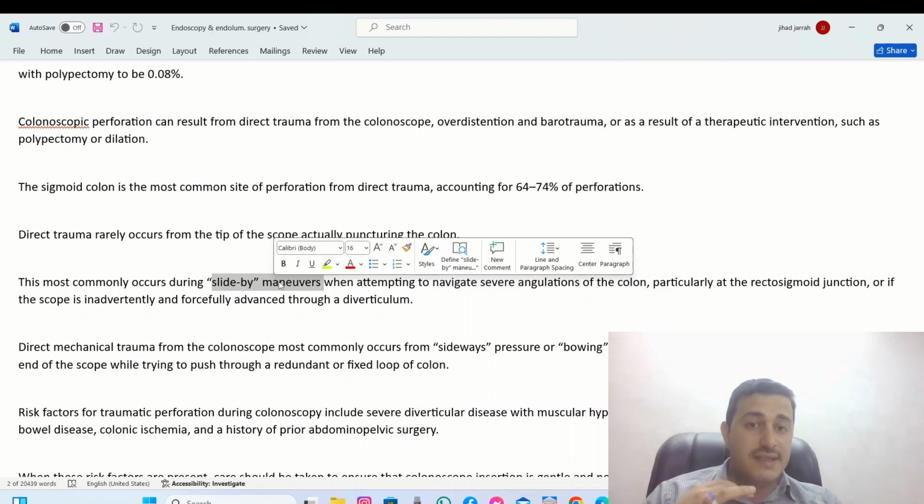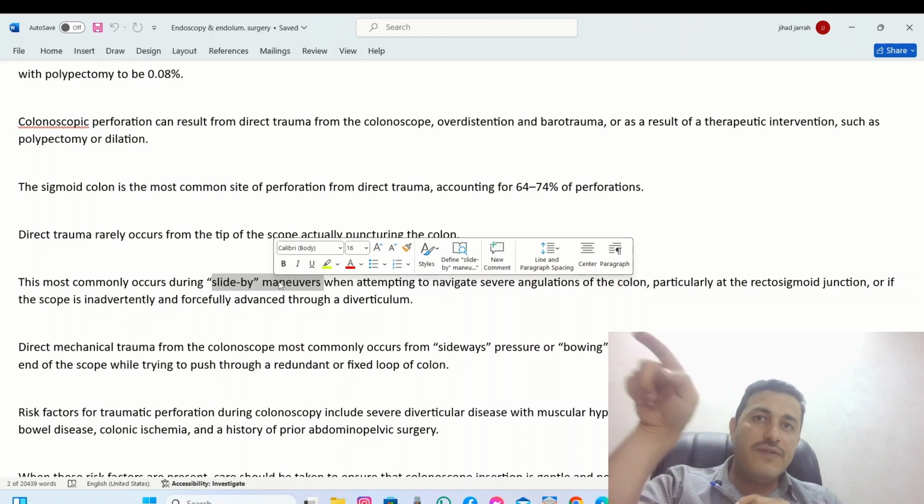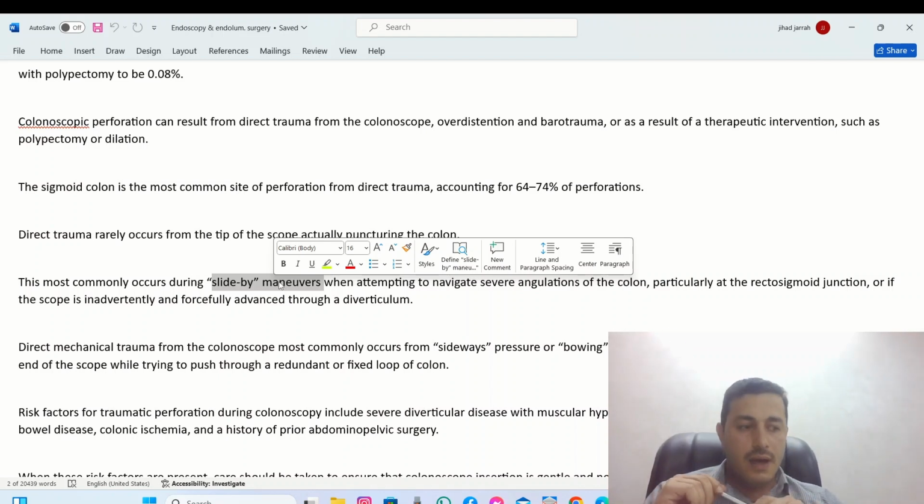We said slide-by technique. Also, if we are trying blindly to navigate the lumen of the bowel, or we have an angle, or if we miss the exact lumen because of a diverticulum. The diverticulum can have a stoma that is large, that may mimic the true lumen.